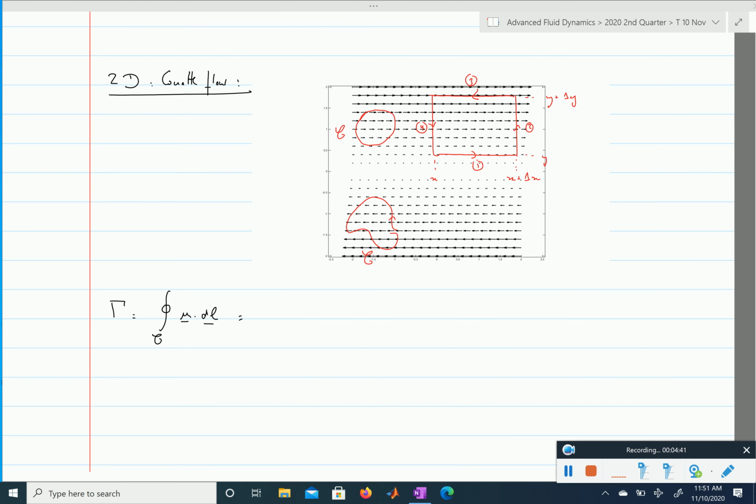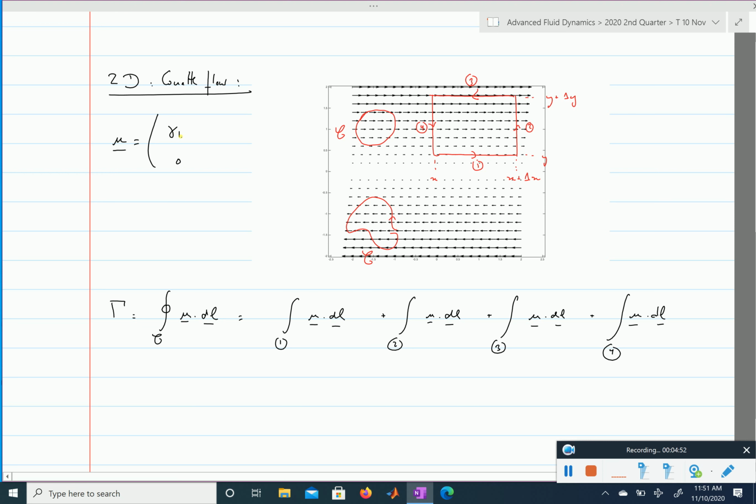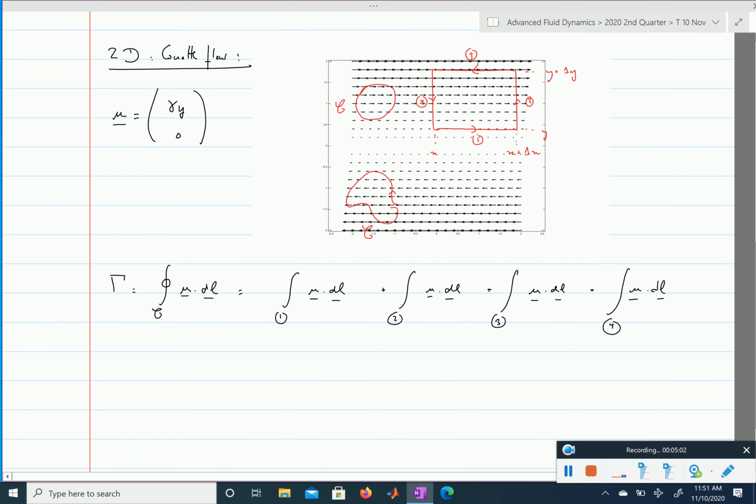Now remember that our velocity field for a Couette flow u has no component along the y direction, and our component along the x direction is linearly increasing in y, equal to gamma y. I'm going to compute the first two bits here, and the other two you can do on your own. Let's look at this first integral.